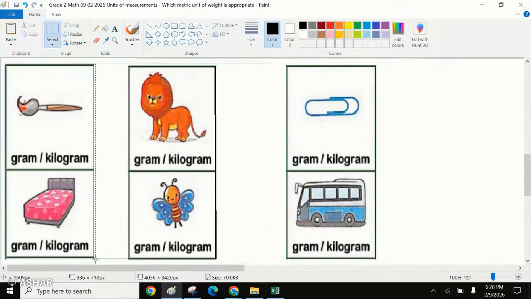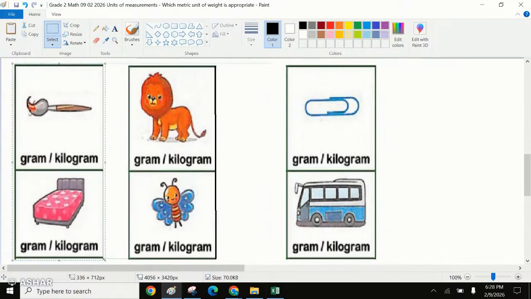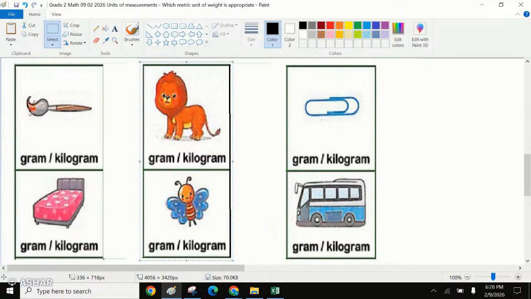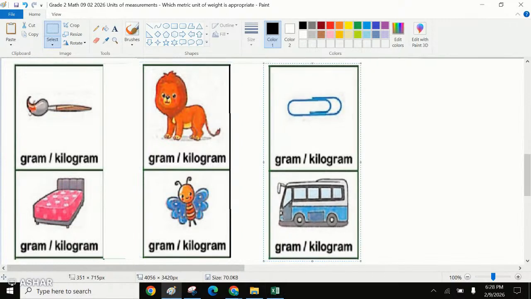So for a paintbrush, if we had a paintbrush, which is a better estimate? A paintbrush would be grams or kilograms?